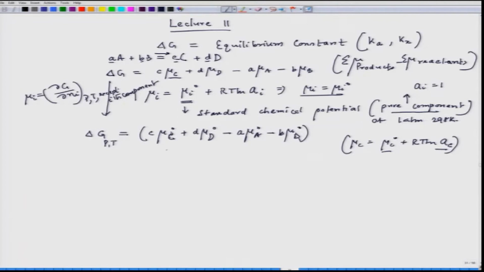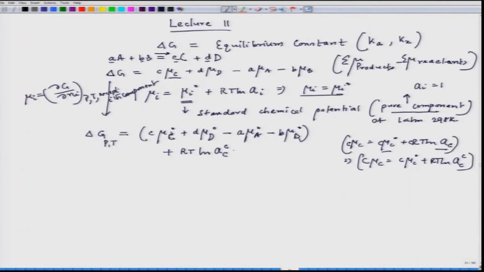And then the rest of the part would be plus R T ln A C to the power C, because when I put C, then C chemical potential C will turn into this.